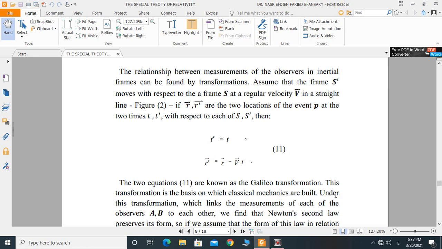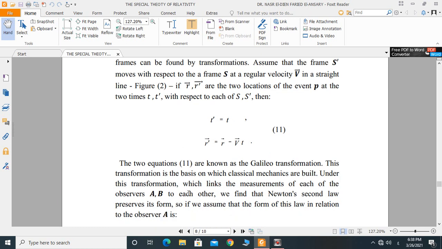Under this transformation, which links the measurements of observers A and B to each other, we find that Newton's second law preserves its form.